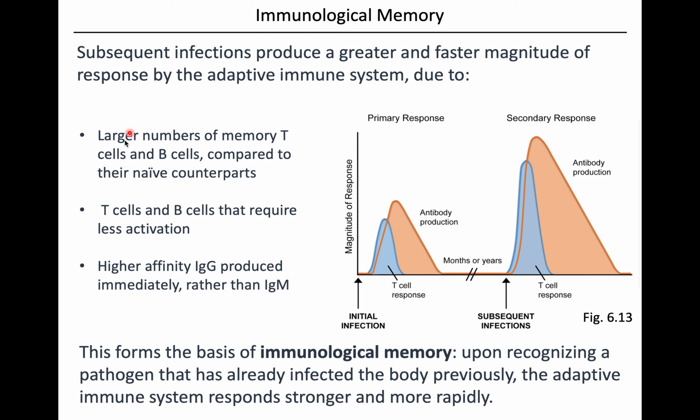And that's just because you've got larger numbers of memory T cells and B cells already present, compared to the uninfected, quote unquote, naive cells. Those T cells and B cells that are present don't need as much activation, so we get antibody production happening more quickly. And we can already make the higher affinity IgG antibodies rather than the IgMs.